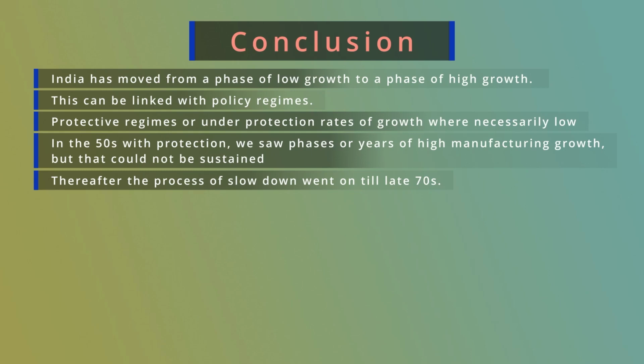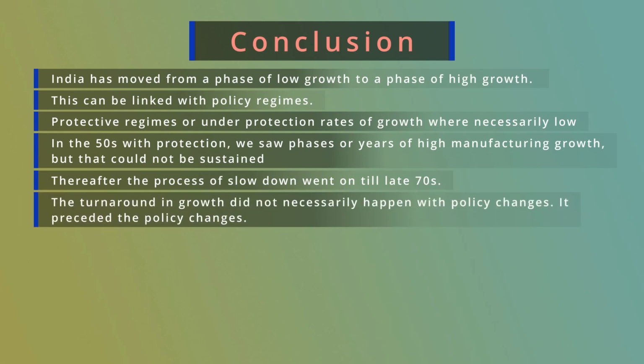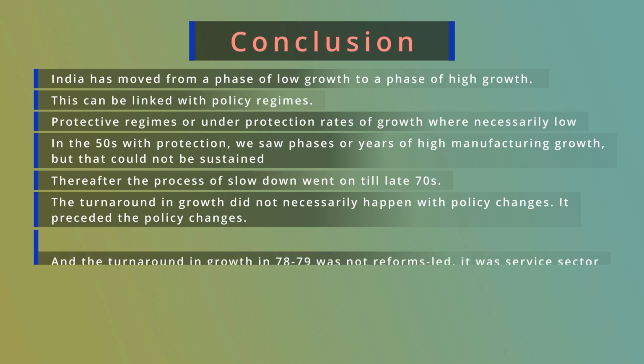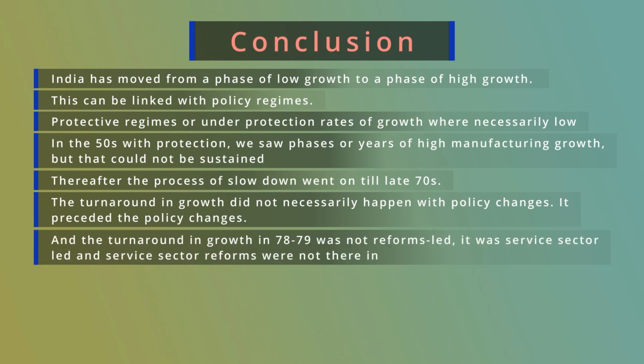The turnaround in growth did not necessarily happen with policy changes. It preceded the policy changes. And the turnaround in growth in 78-79 was not reforms-led. It was service sector-led, and service sector reforms were not there.